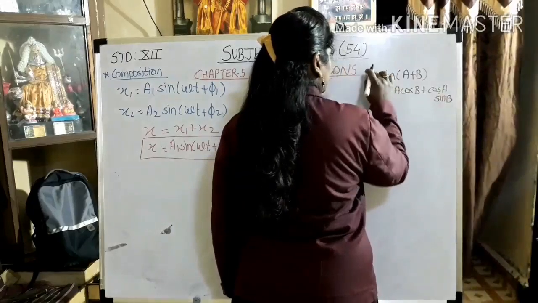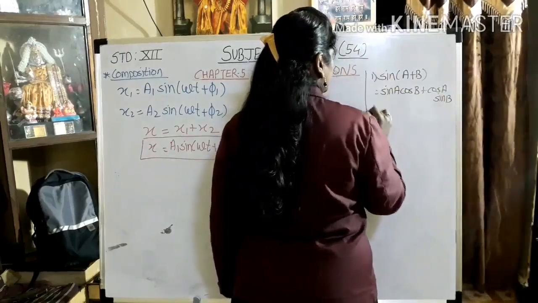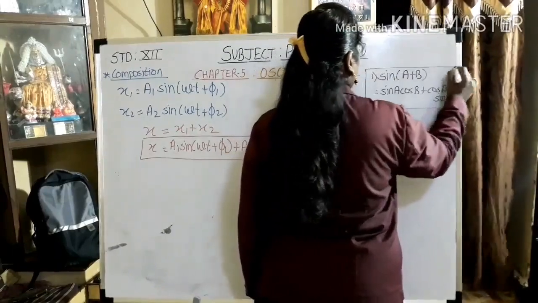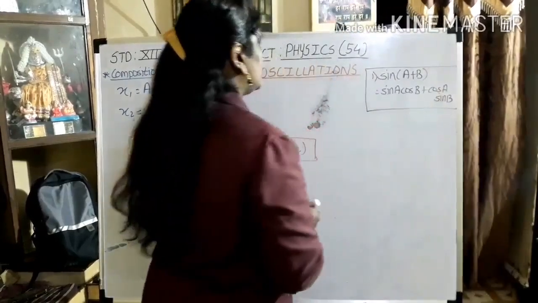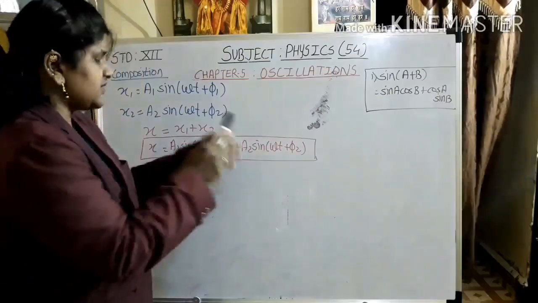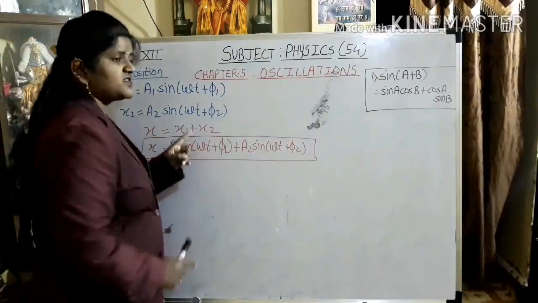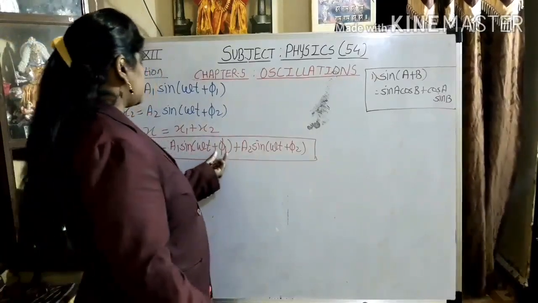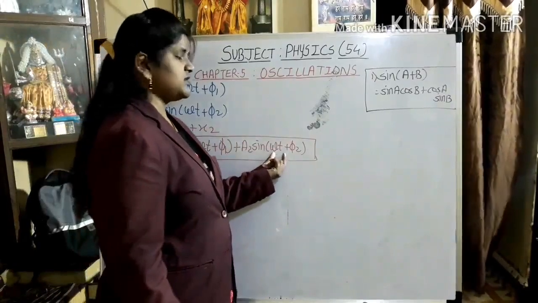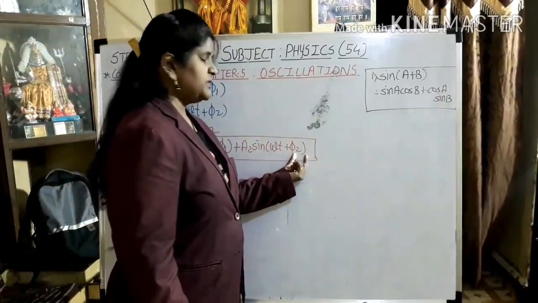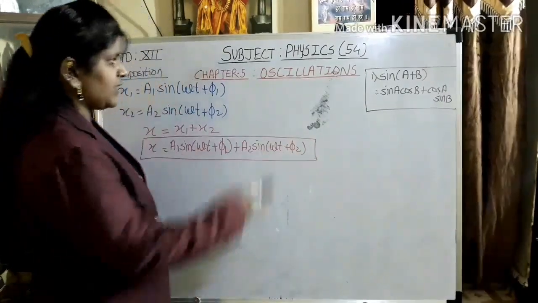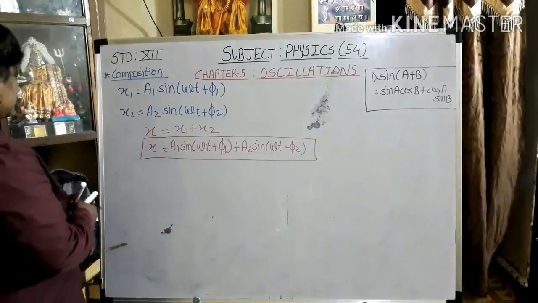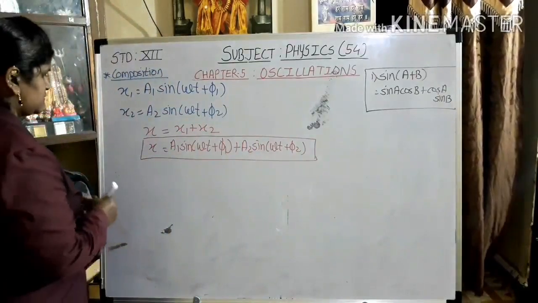This is the first formula that we are going to use from maths. In this, what is a over here? It is omega t. What is b? Phi 1. In the second, a is omega t and b is phi 2. So we are going to apply that formula over here, and we'll see what happens to the whole equation.